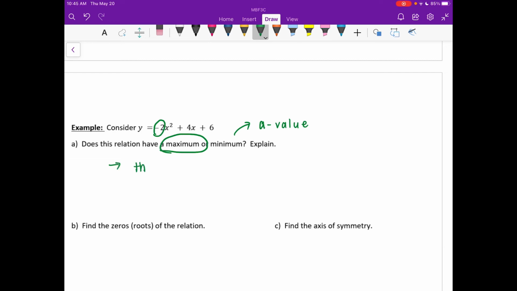The graph opens down, since the a is negative.